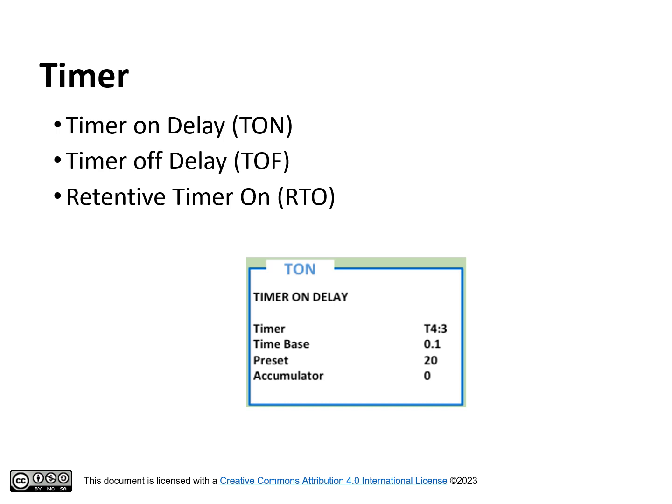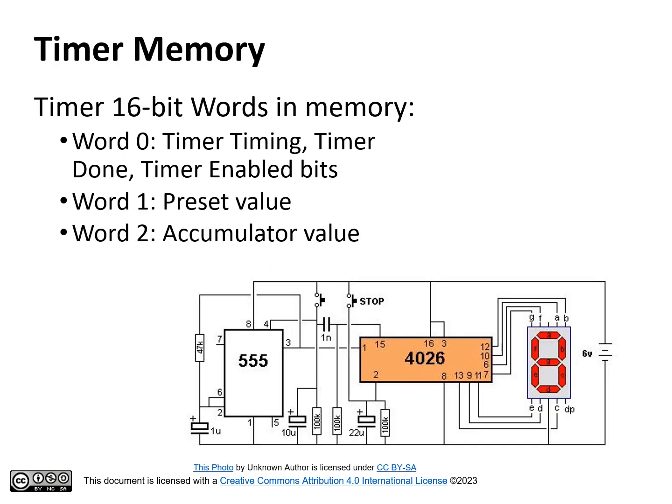Timers are represented as function blocks in ladder logic. A timer on delay TON timer function block is shown in the figure. Timers basically work with 3 words of memory. These 3 16-bit words are the following.